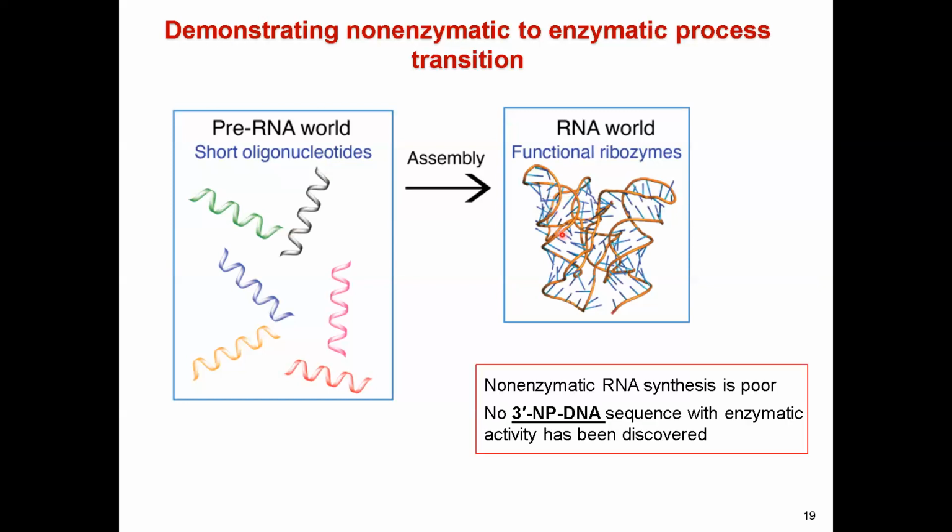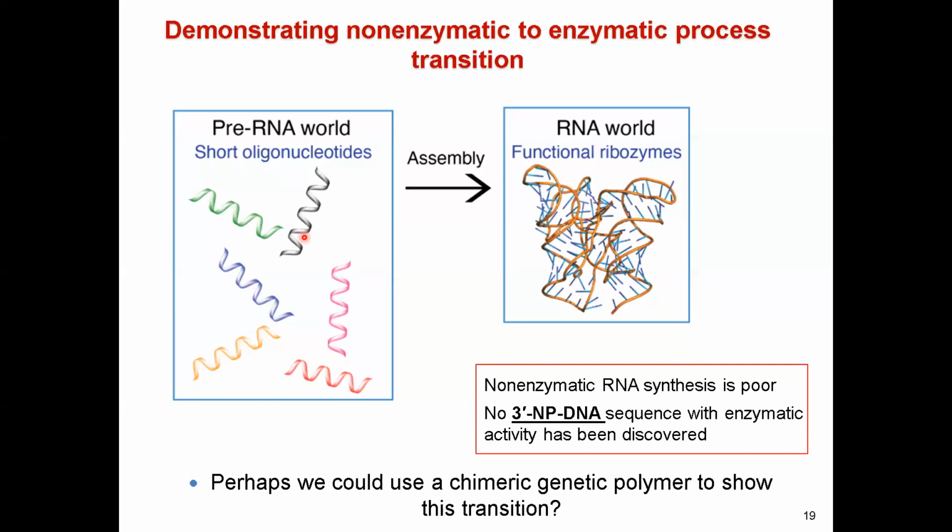The crux of the problem was that RNA synthesis or RNA ligation is too poor to generate anything of this magnitude. And if you look at just a 3' NP-DNA system, there's no sequences out in the literature that has enzymatic activity. So we were kind of at a standstill.